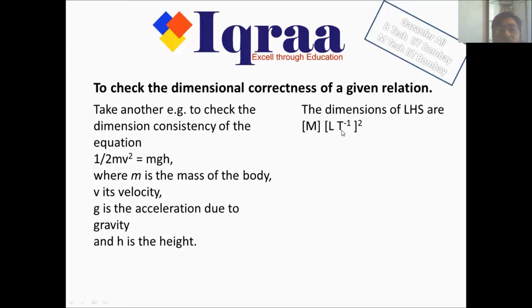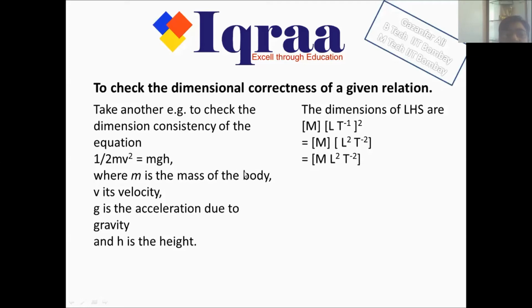I'll bring the square inside, and this is M L square T to the power minus 2. So basically for kinetic energy half mv square, the dimension is 1 in M, 2 in L, and minus 2 in T. This is basically the dimension of the kinetic energy.